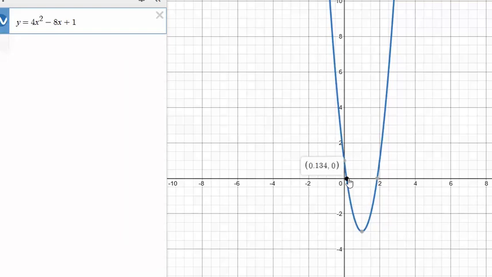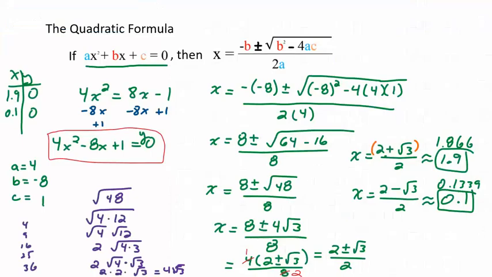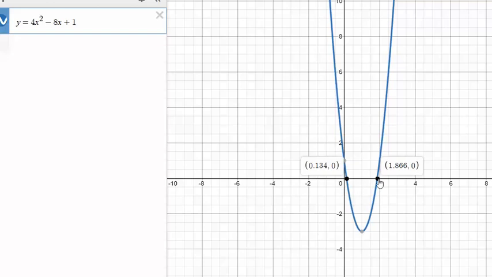Now we rounded it to 0.1, but remember it was 0.133. Let's look at the other one. 1.866, right? That's what we got over here. Pretty cool, huh? So those are the x-intercepts of the graph. When you're solving a quadratic equation, you're getting 2 points on the entire graph.